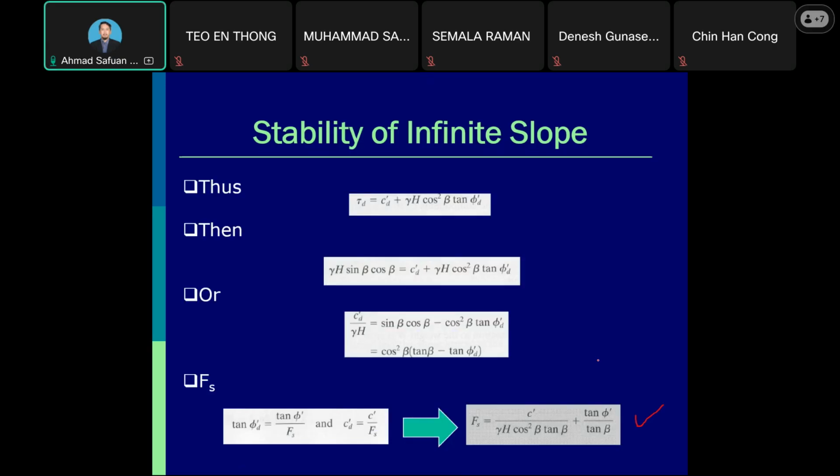Later on, I will show you how to use this equation.